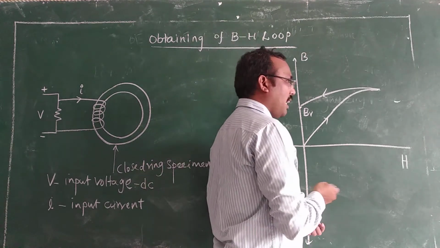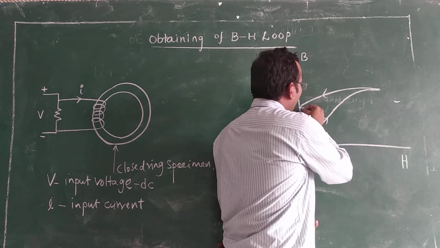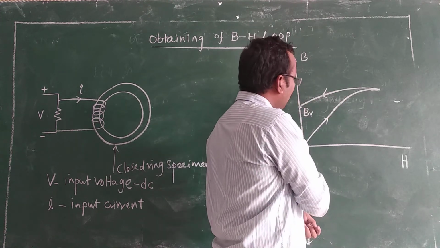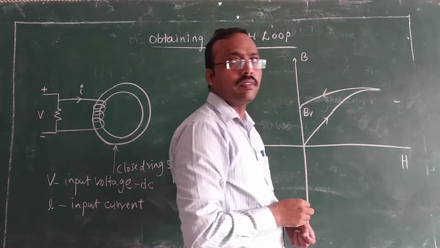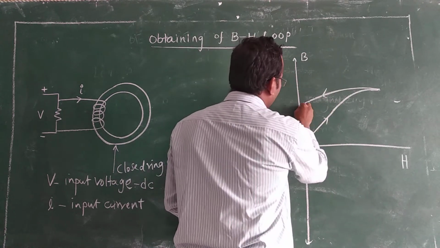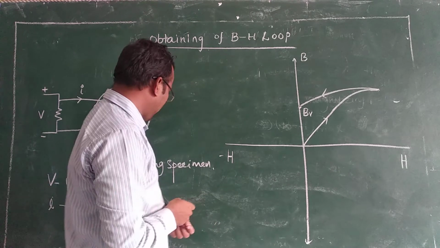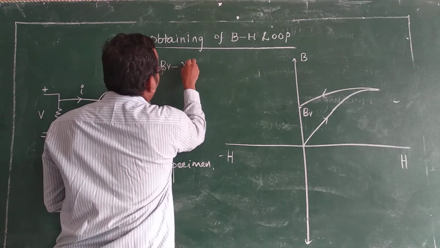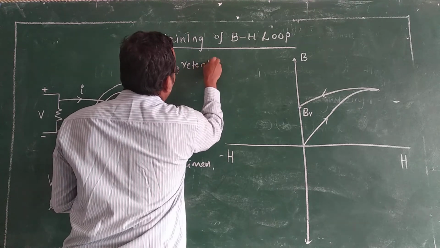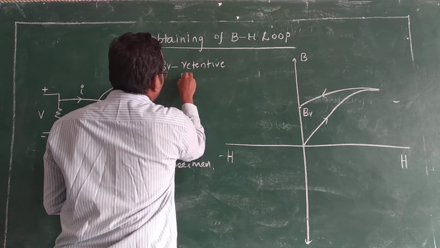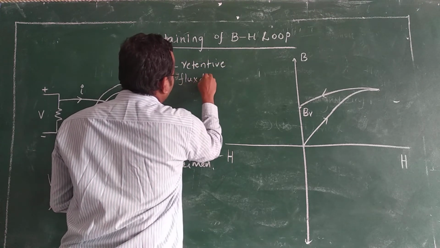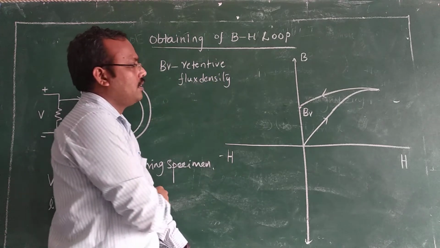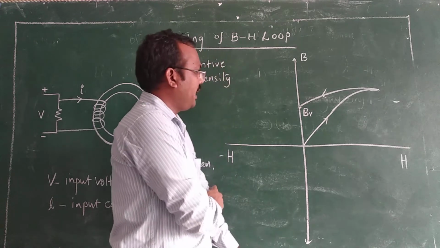So this point is called Br, the retentive flux density.